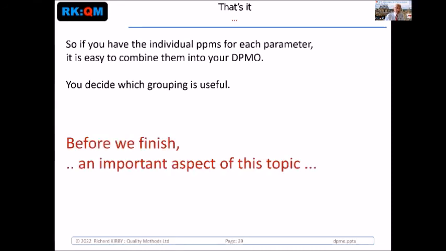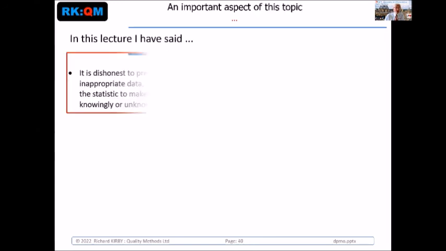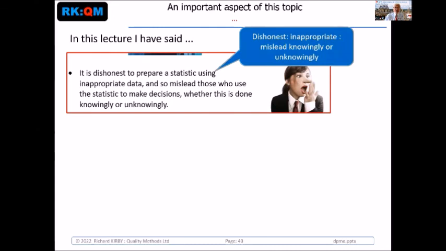Before we finish, an important aspect of this topic. In this lecture, I have said it's dishonest to prepare a statistic using inappropriate data, and so mislead those who use the statistic to make decisions, whether it's done knowingly or unknowingly.